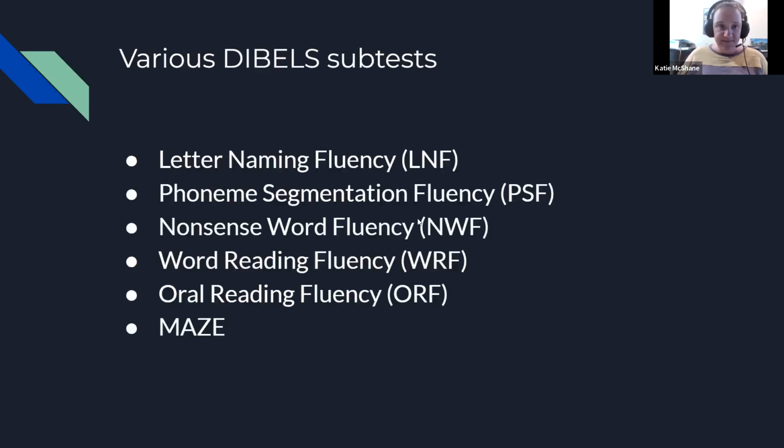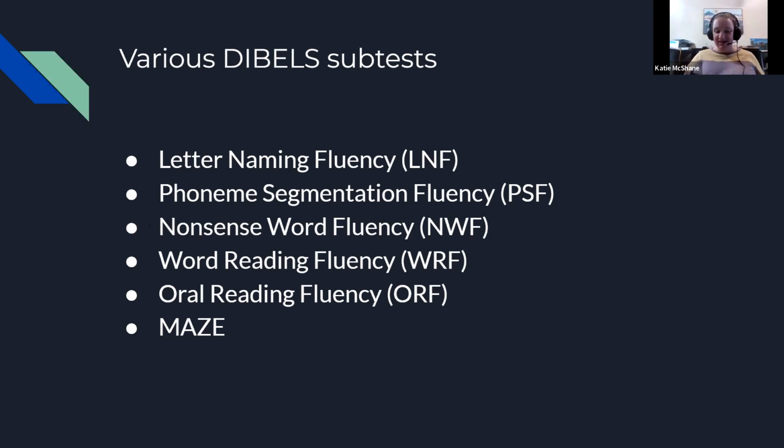All right. Here are the different DIBELS subtests that you'll be administering for your students. There is letter naming fluency. Then there's phoneme segmentation fluency, nonsense word fluency, word reading fluency, oral reading fluency, and the maze.